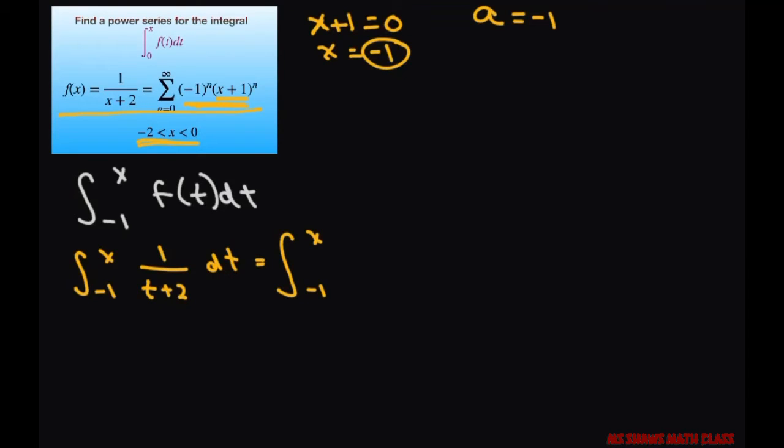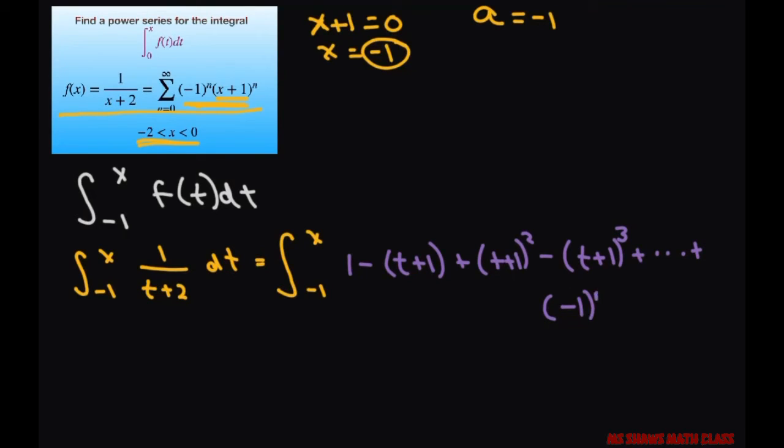When you expand this, you get 1 minus (t plus 1) plus (t plus 1) squared minus (t plus 1) cubed plus, and so on, plus (-1) to the n power times (t plus 1) to the nth power, plus and so on, dt.